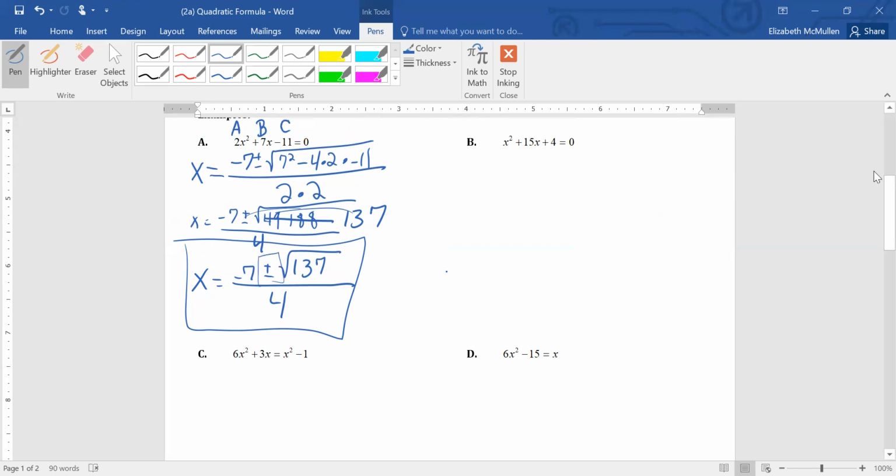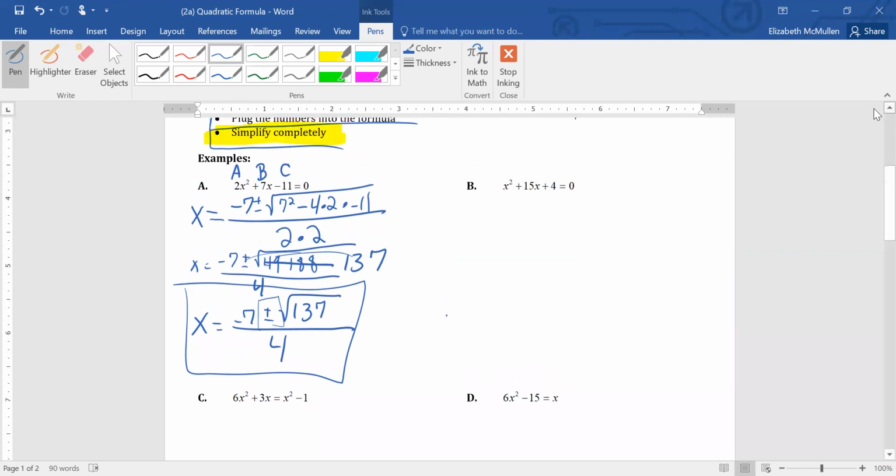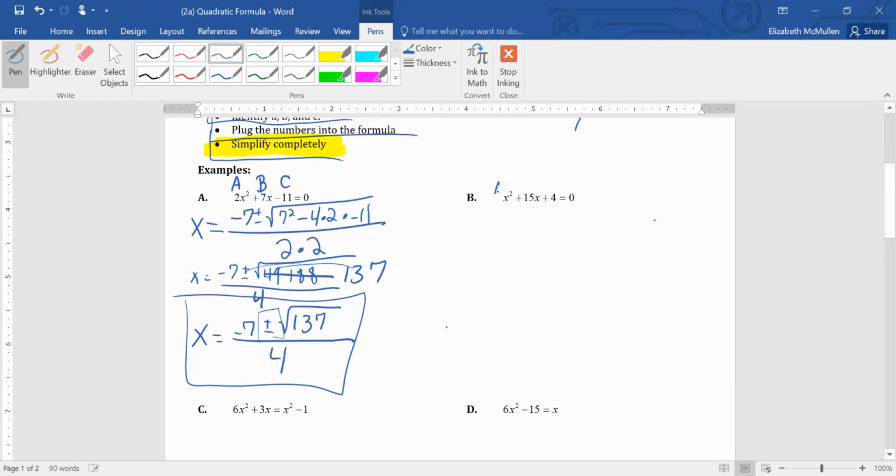Let's look at B, which is our example we knew that definitely didn't factor. So once again, we know A is an integer 1 here. B is a 15. This is C. And for this one, let's practice kind of simplifying a few things as we go. All right, so negative b, negative 15 plus or minus the square root of b squared.